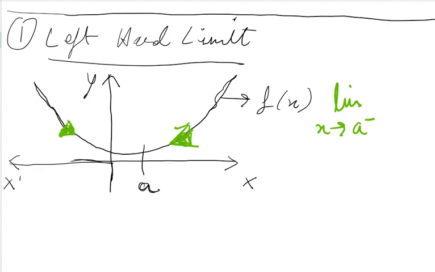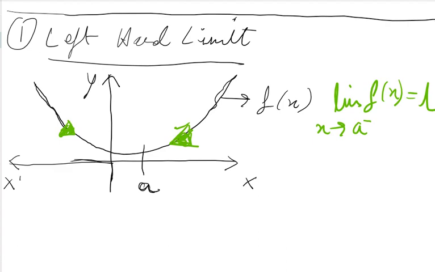A negative means not minus A. A negative is not equal to minus A. Make sure you don't mix these two up. So as x tends to A negative, f of x will tend to some limit L over here on the y-axis. So this is the left hand limit.